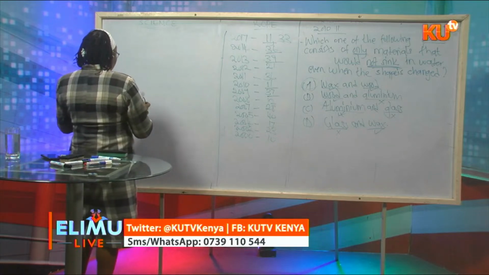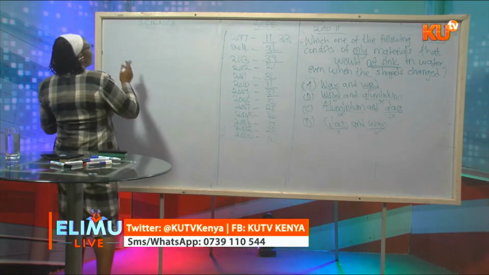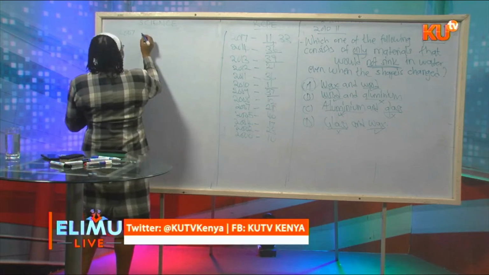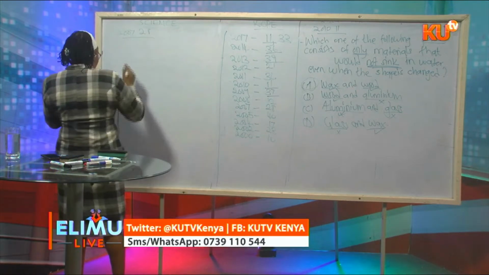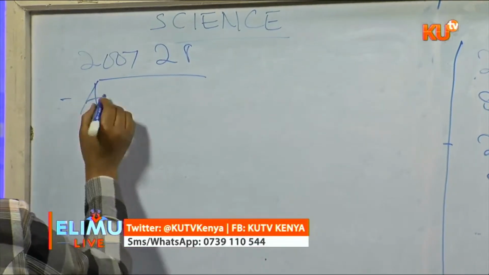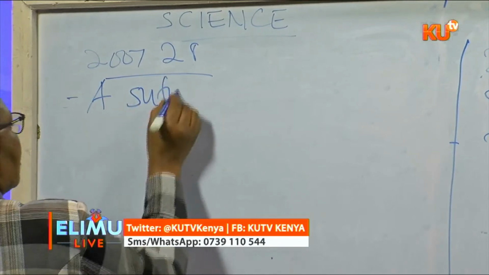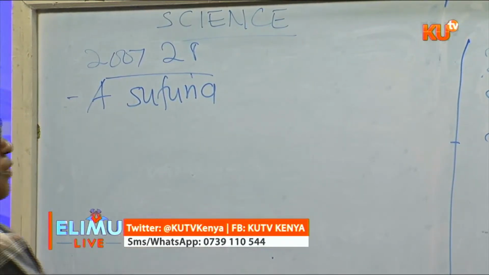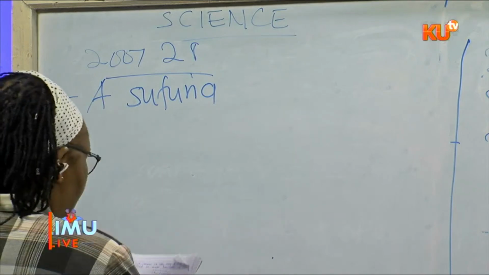The next question that we can have is 2007, number 28. Now I'm writing the question. This one is a sufuria, and you can note that a sufuria, in this topic of floating and sinking, appears in very many questions.